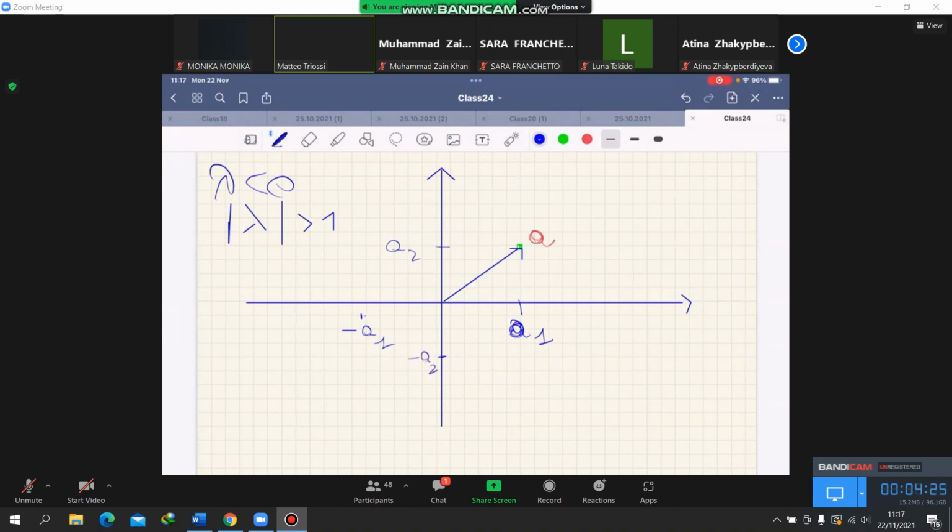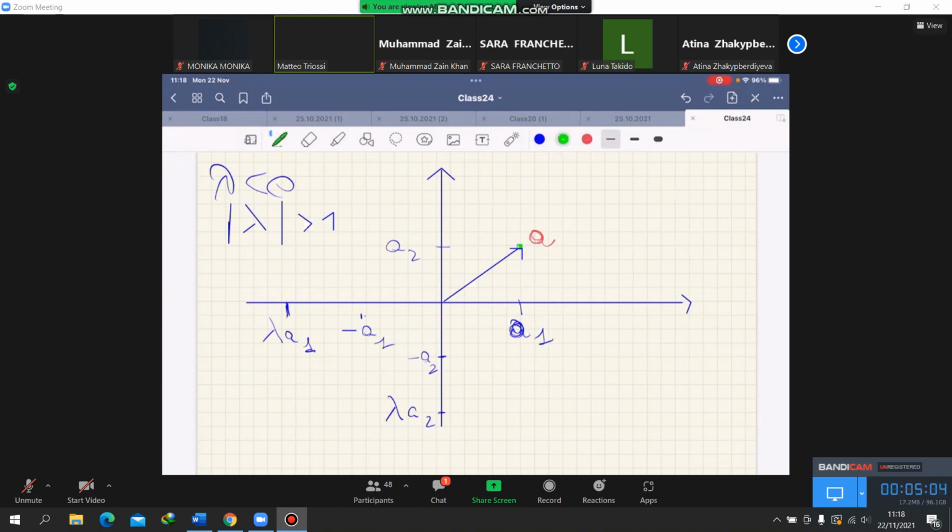So 2, 3, 5, 2. So lambda A1 will be here, and lambda A2 will be here because lambda is negative.